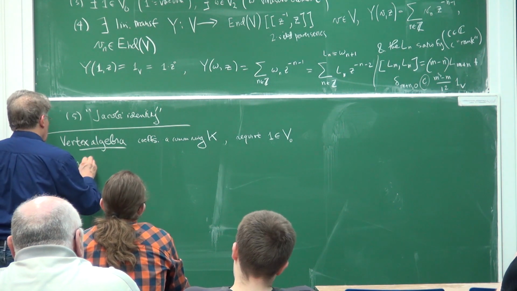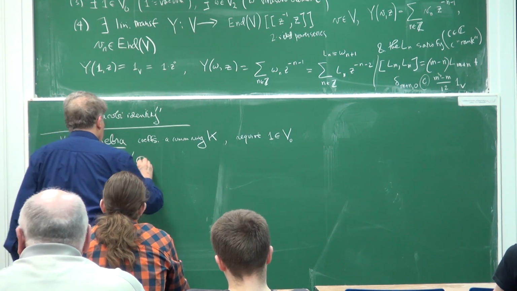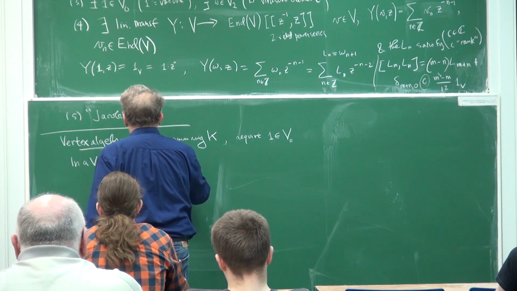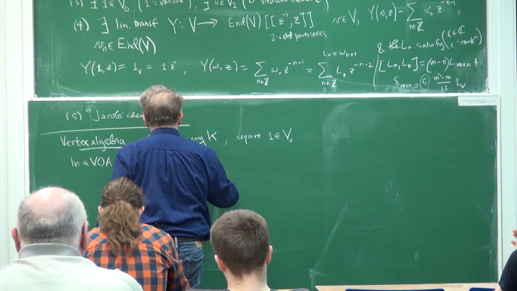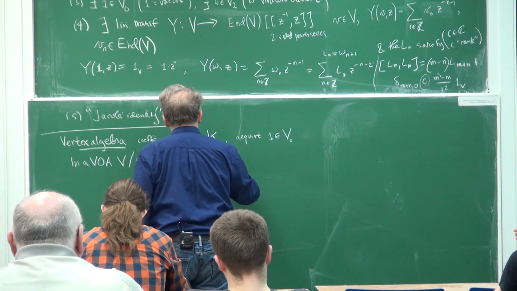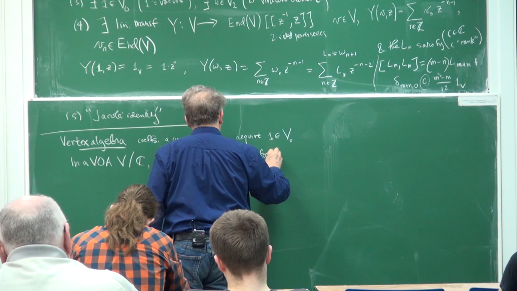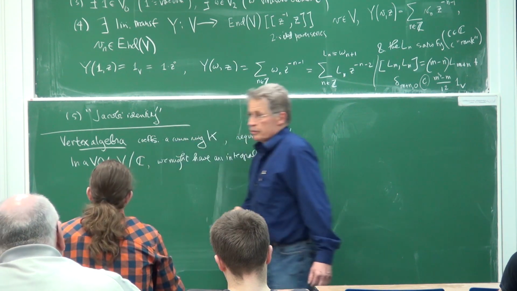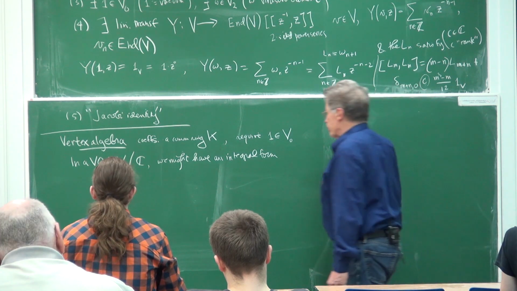Now, in a vertex operator algebra V over the complex numbers, we might have an integral form. For finite dimensional algebras, in characteristic 0, you know the definition of integral form.